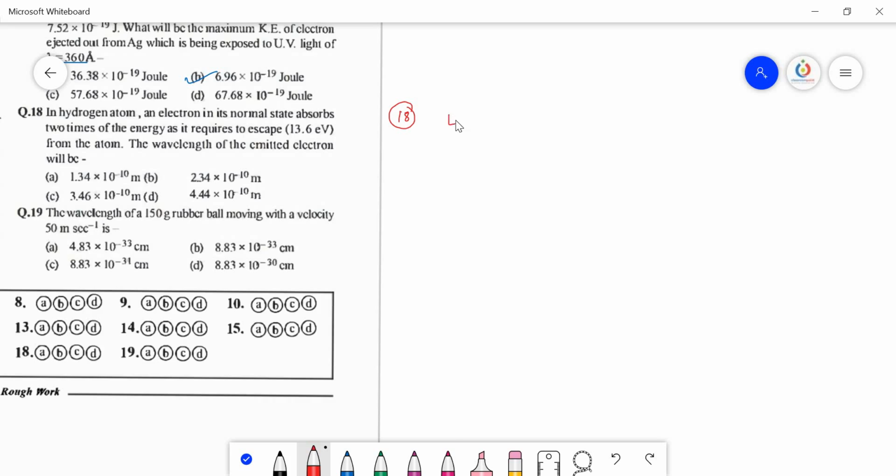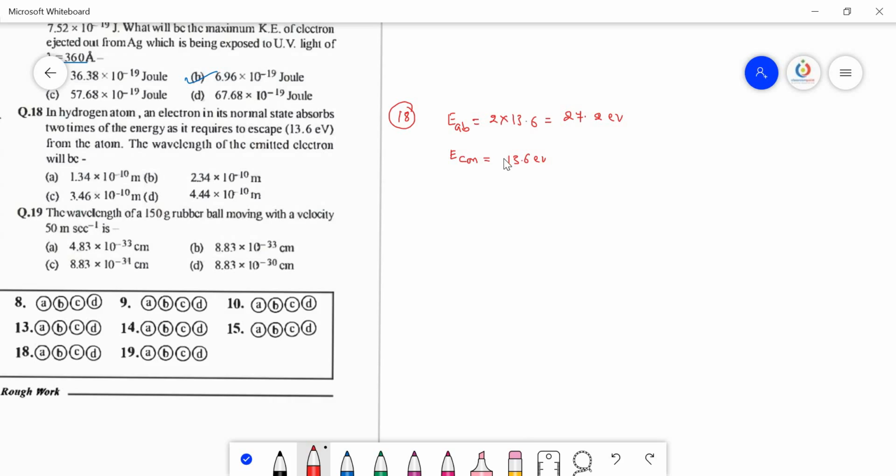So first of all, energy absorbed by the atom is equal to 2 times the escaping energy, that is 13.6, total is equal to 27.2 electron volt, and energy consumed is equal to 13.6 electron volt. This much amount of energy it consumed.